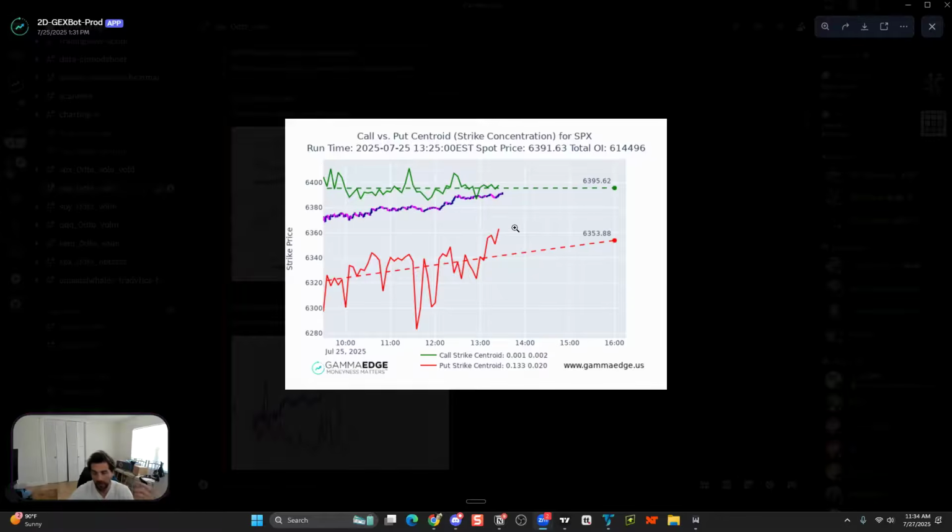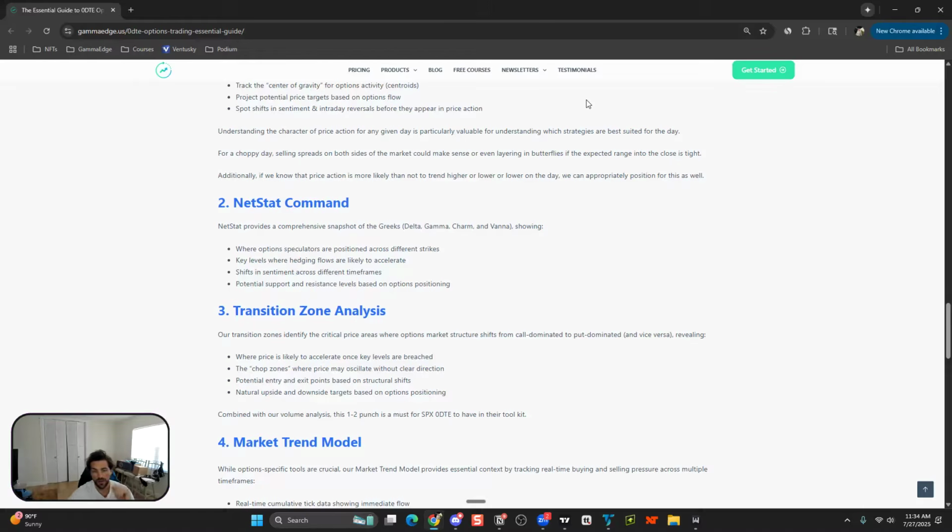So it's very valuable information to understand where the topside and downside levels are and what the general trend for the day is. That can be very informative, whether you're trading directional futures as an example, or you're wanting to sell premium below and above where price is likely not to go. So, a very powerful tool.